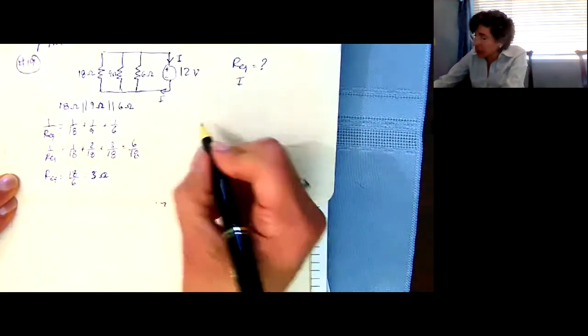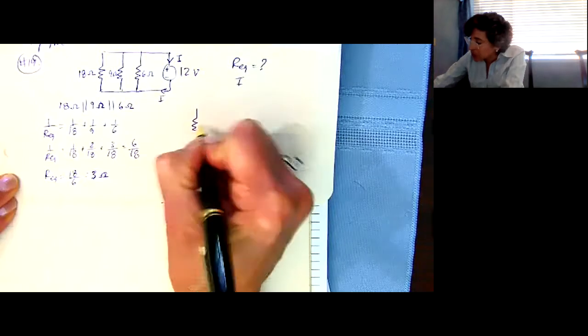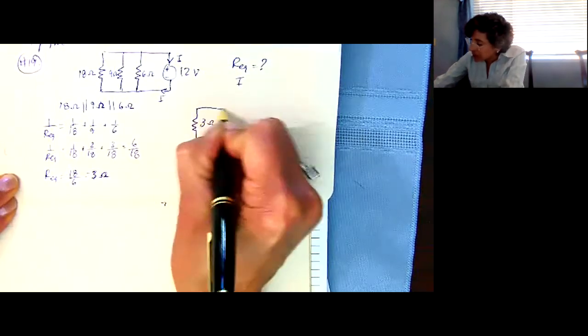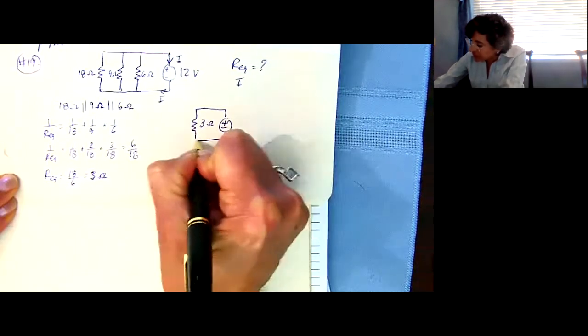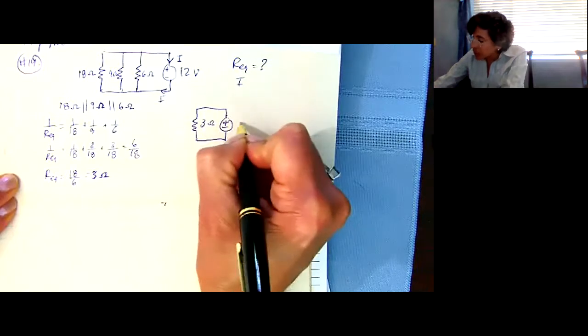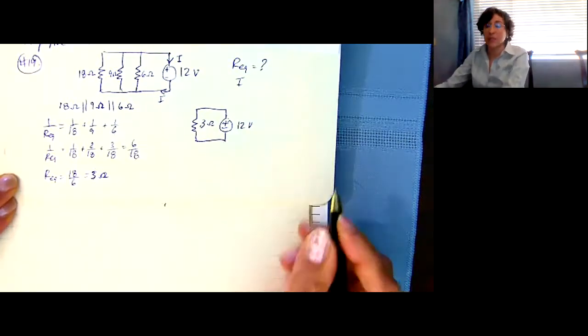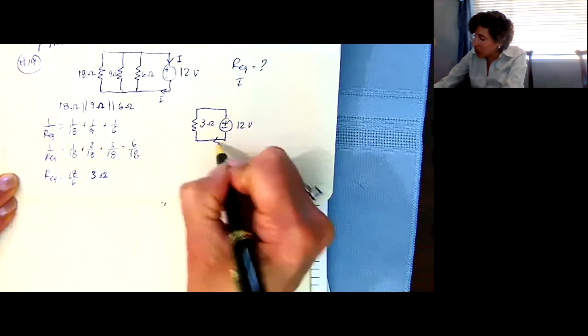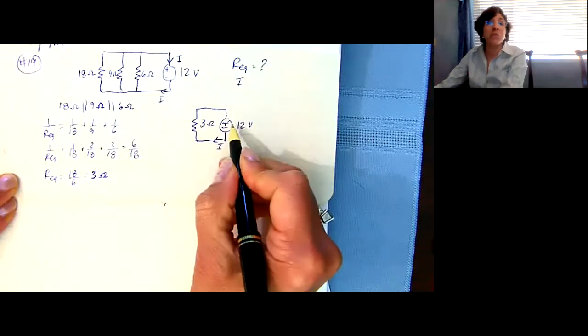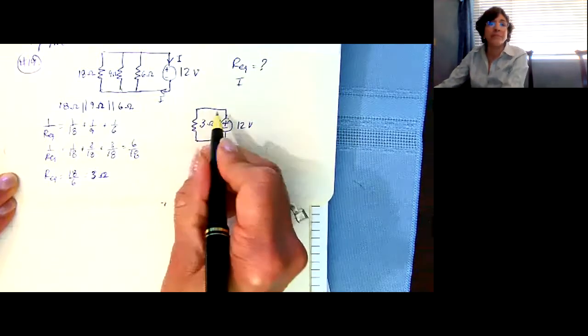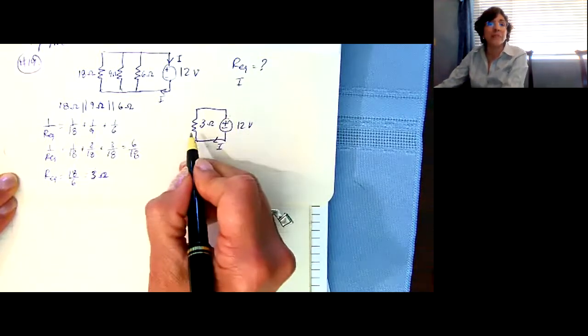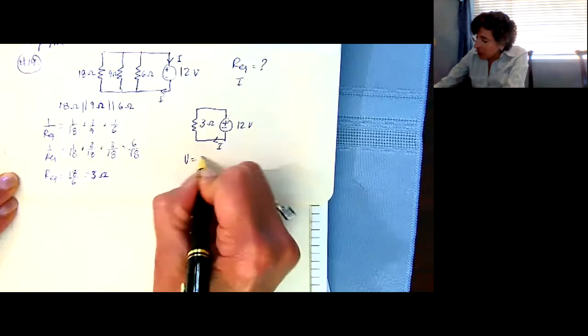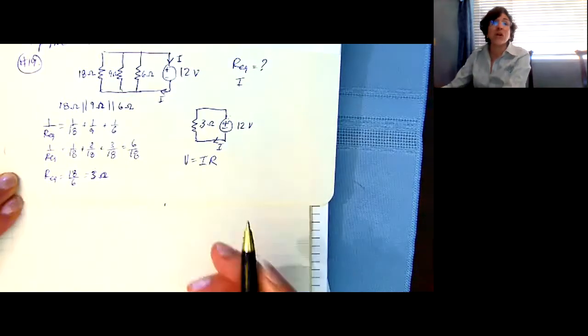So the power supply just sees a 3 ohm resistor. That's all it sees. So you can call this the equivalent circuit. I want to know how much current is delivered by the power supply. Right here, it's going round and round. Okay, so V equals IR, the only thing I've memorized.